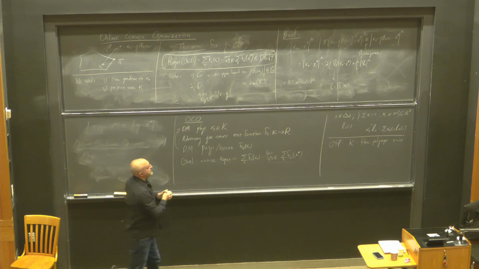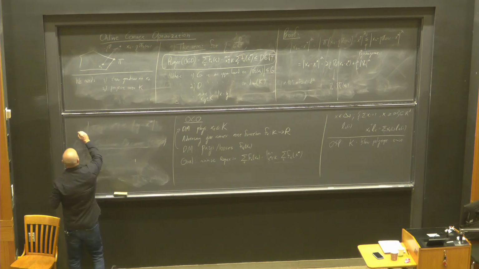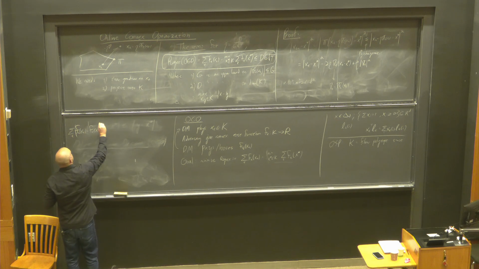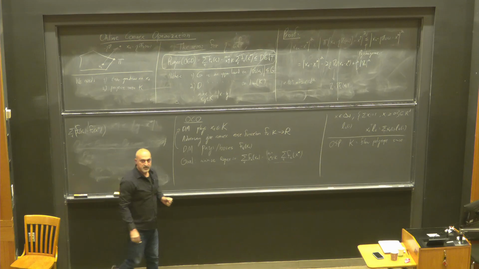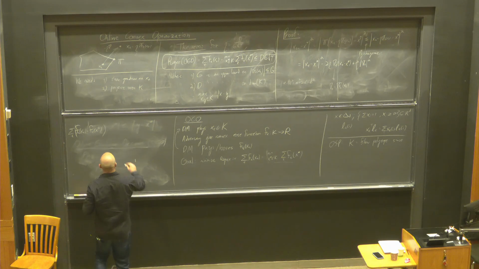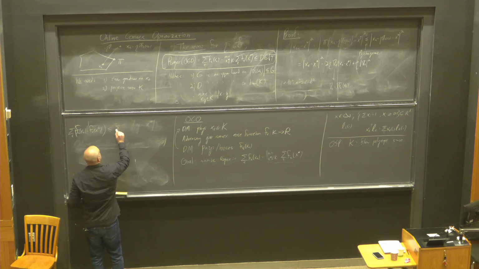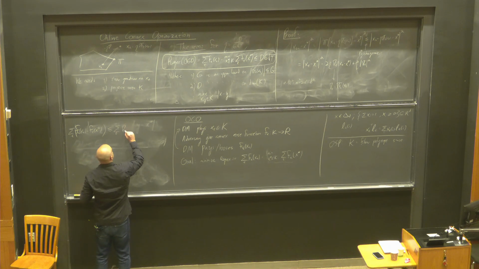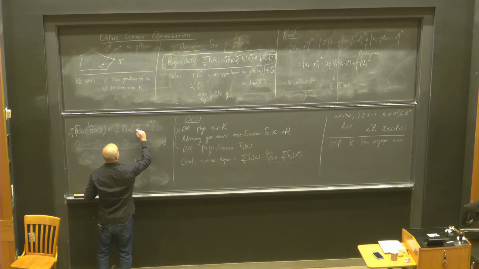So let me shift sides and write the following: f_t of x_t minus f_t of x star, and let me sum up over all t. So this is the regret. That's what I want to prove something about. This is at most the sum over t of gradient_t transpose times x_t minus x star.